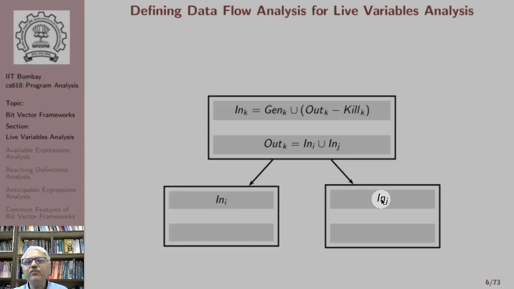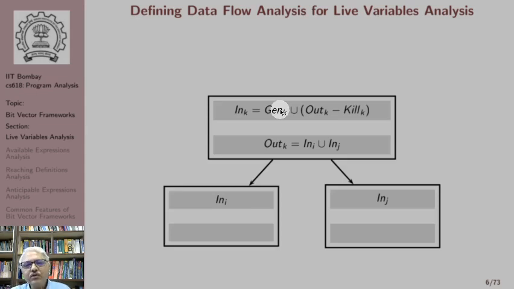Once we find out the variables that are live at the entries of the successors, all we have to do is to take a union of all these, and that gives us the set of variables that are live at the exit of a basic block. Having found the variables that are live at the exit, it's easy to find out the variables that are live at the entry, and these are precisely those variables whose liveness is generated within the basic block regardless of what's happening outside of the basic block.